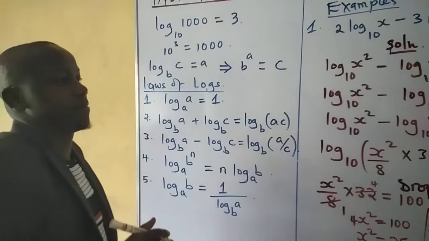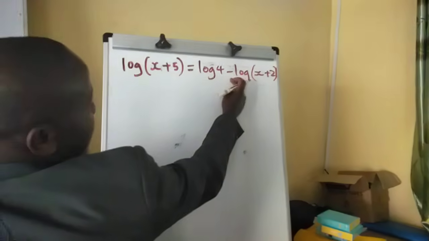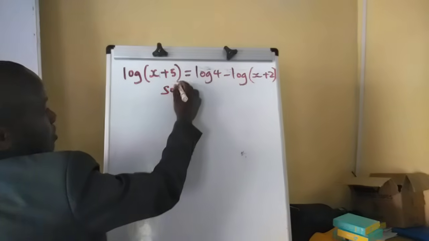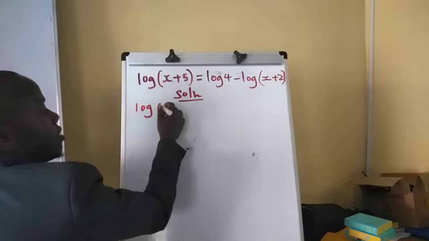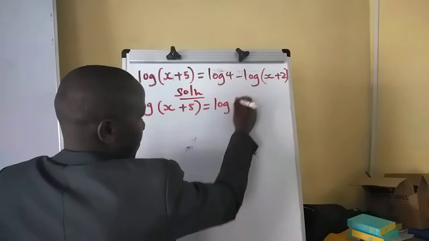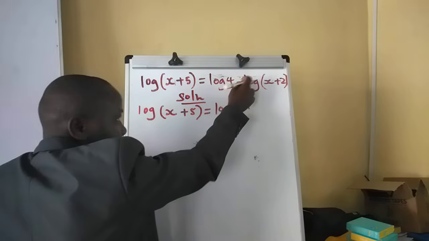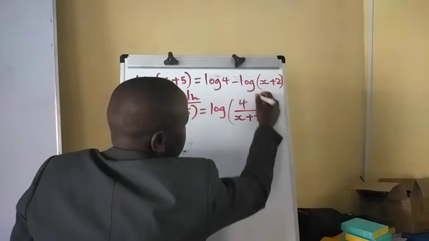Therefore, in our question there, we have a minus here, meaning that the log of x plus 5 is equal to the log of 4. Because we have a minus here, we just divide by x plus 2.